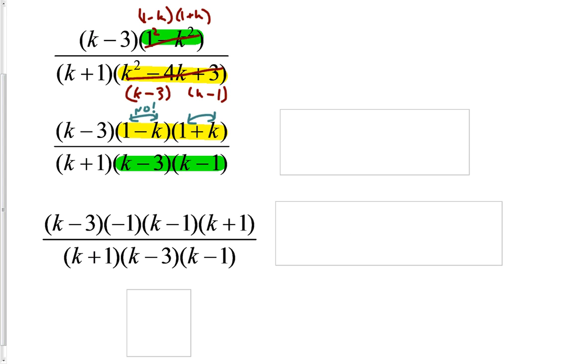Pull this away. Up on top, get rid of that highlighting for now so that we can focus on something else. We have this 1 minus k. Down here, I replace that with a -1 times k minus 1. If you think about what we're doing, -1 times k is negative k. -1 times -1 is positive 1.